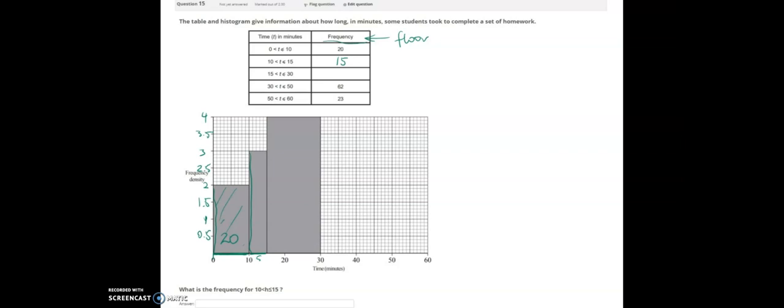And between 15 and 30, that is 15, times 4, that is 60.